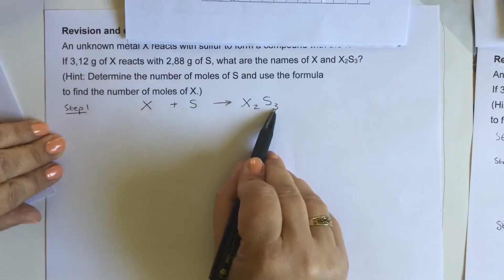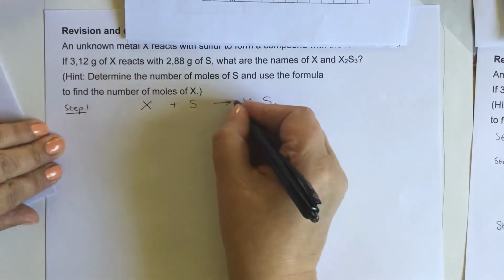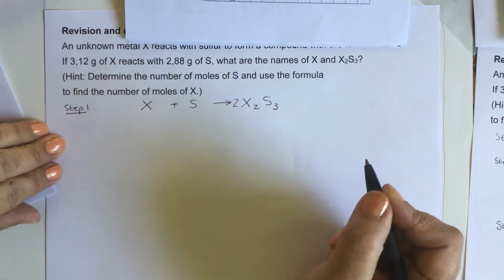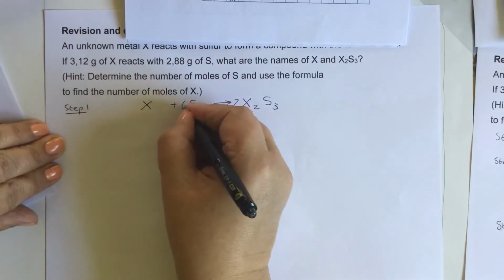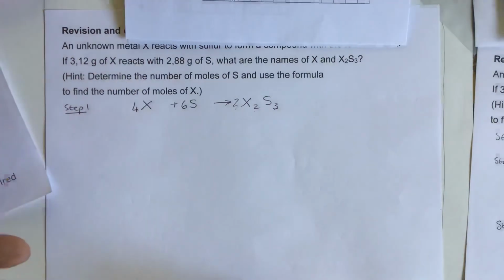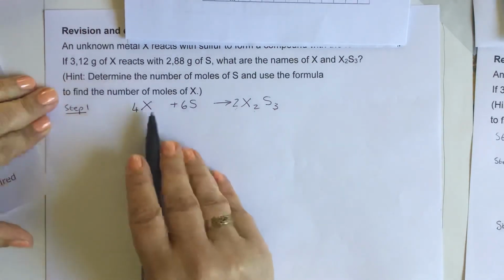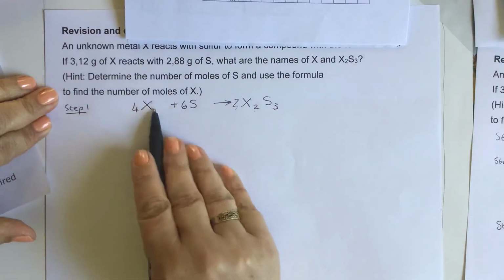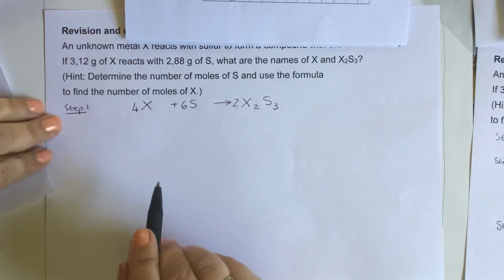There's a 3 behind the sulfur. The only way that I'm going to fix the problem is if I put a 2 in front of the compound. 2 times 3 makes it 6, so I need 6 of this, and 2 times 2, 4 of the unknown X. And now I have a balanced equation. The ratio, therefore, 4 of X reacts with 6 sulfurs to form 2 of my new compound.